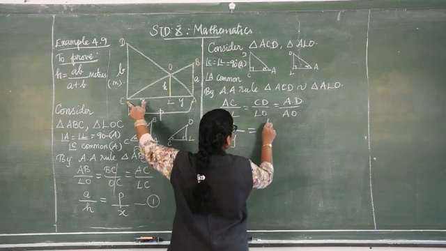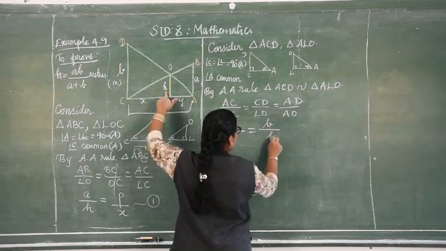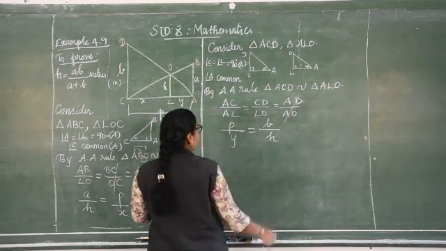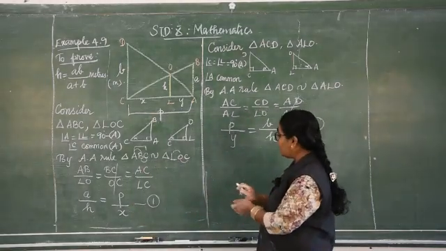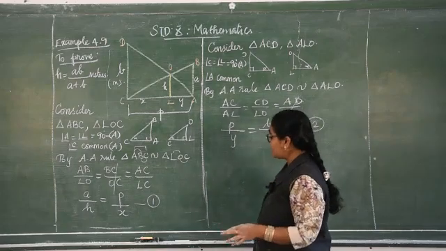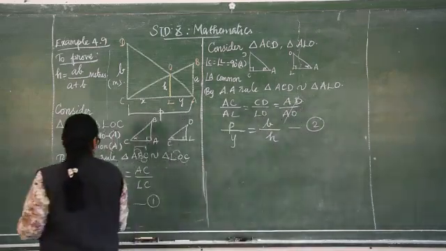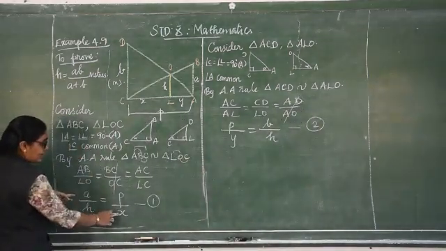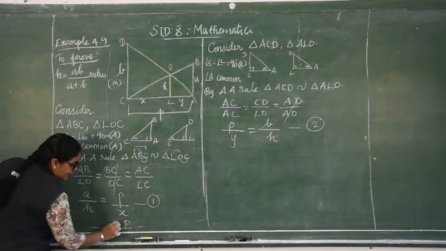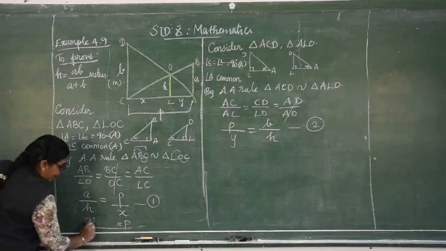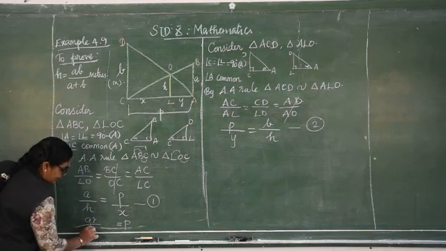CD is B, LO is H, and this one we will cancel. Now this is the second value: P by Y is equal to B by H. After this, consider X and P alone on one side, therefore P is equal to AX by H.